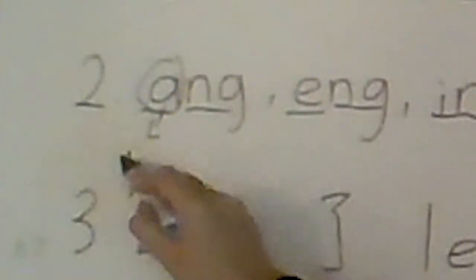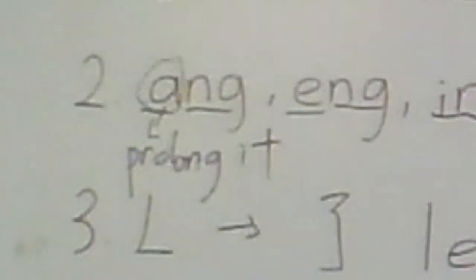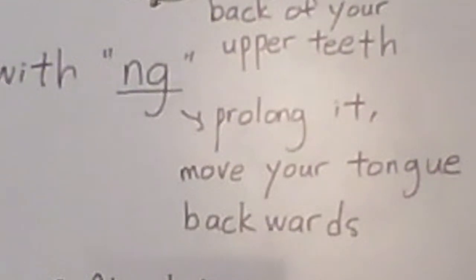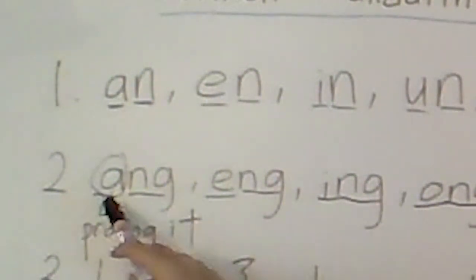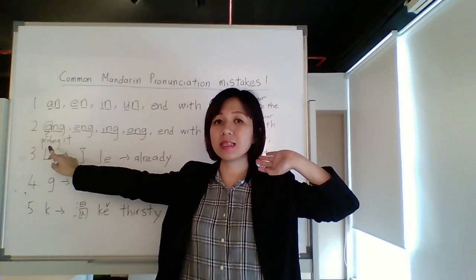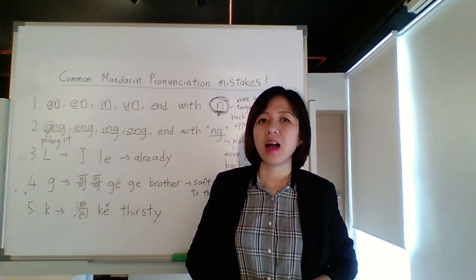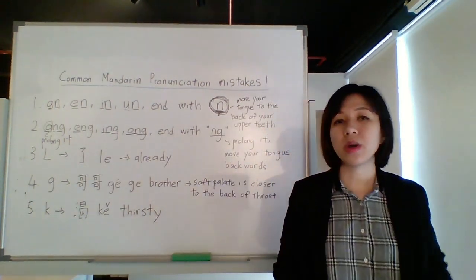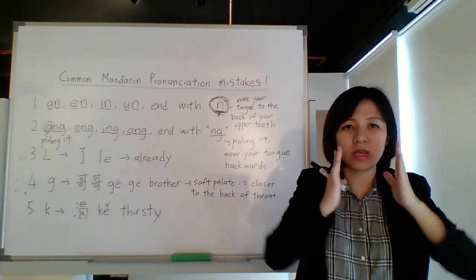The first initial you need to prolong. And then after you prolong the first initial, move your tongue backwards. When you pronounce it, you can feel the sound doesn't go in front.